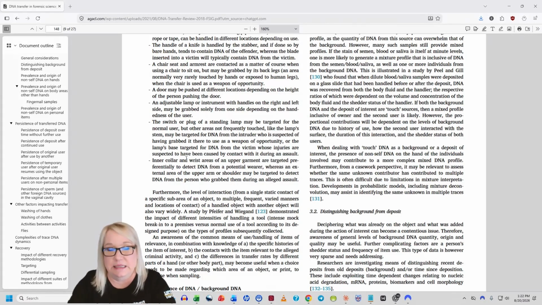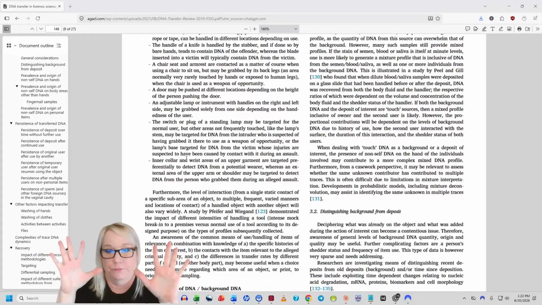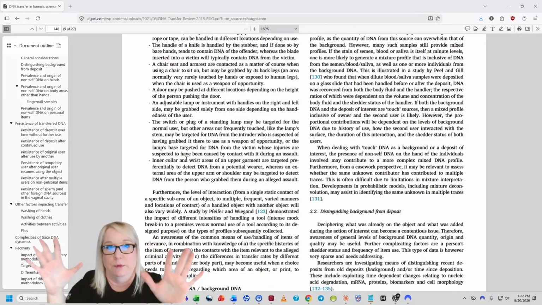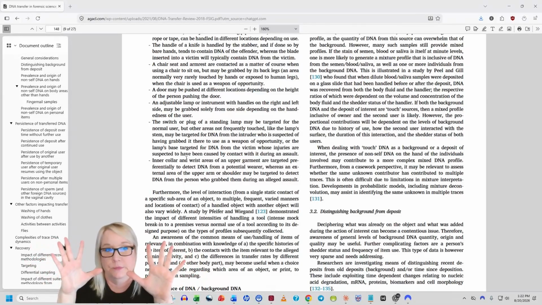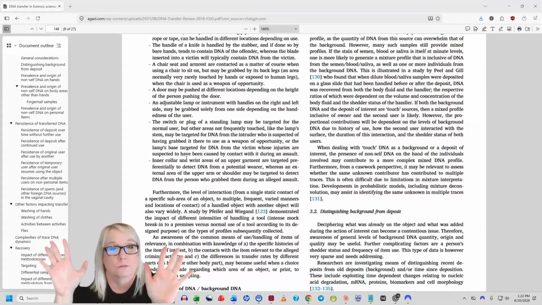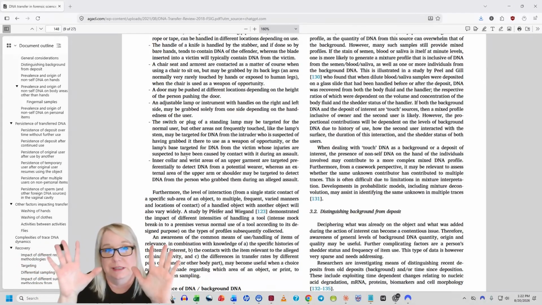All right, let me see if I can interpret this right. When they're talking about non-self DNA, let's just talk about coming back from the grocery store. I just came back from the grocery store and I didn't wash my hands. Think about all those people's DNA that's on my hands.